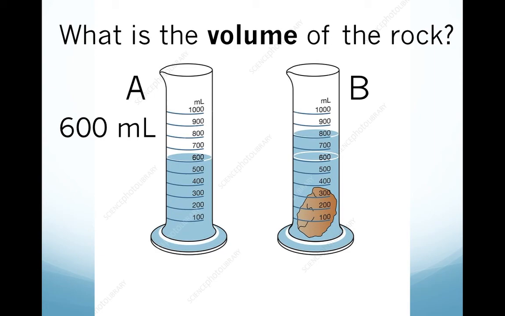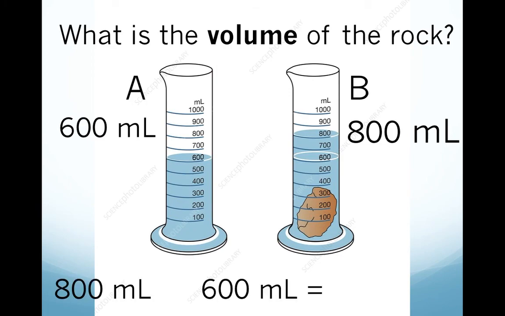And B, how high is the water? 800 milliliters. So, our equation is B minus A, or 800 minus 600.